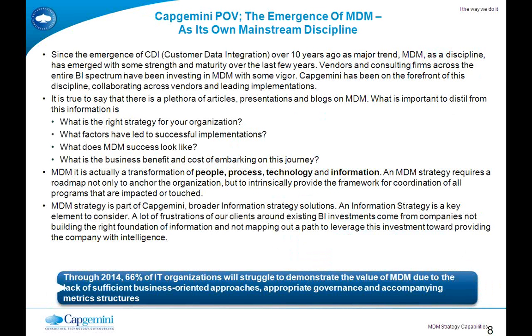Now, this slide has a lot of text on it, so I apologize for that, but let me boil it down. Essentially, we want to talk about our point of view around MDM. MDM was born into the marketplace through customer data integration initially. Before the term master data management or MDM was around, it was commonly called just customer data integration, or just working with customer data.